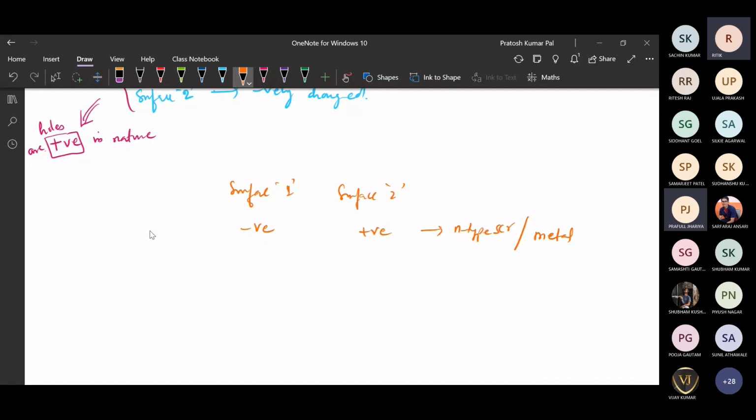That's why it is either an n type semiconductor or a metal. If surface 1 is positively charged and surface 2 is negatively charged, it will be a p type semiconductor. So these are the points by which we can define whether a specimen is an n type or a p type semiconductor. The next point we will see.